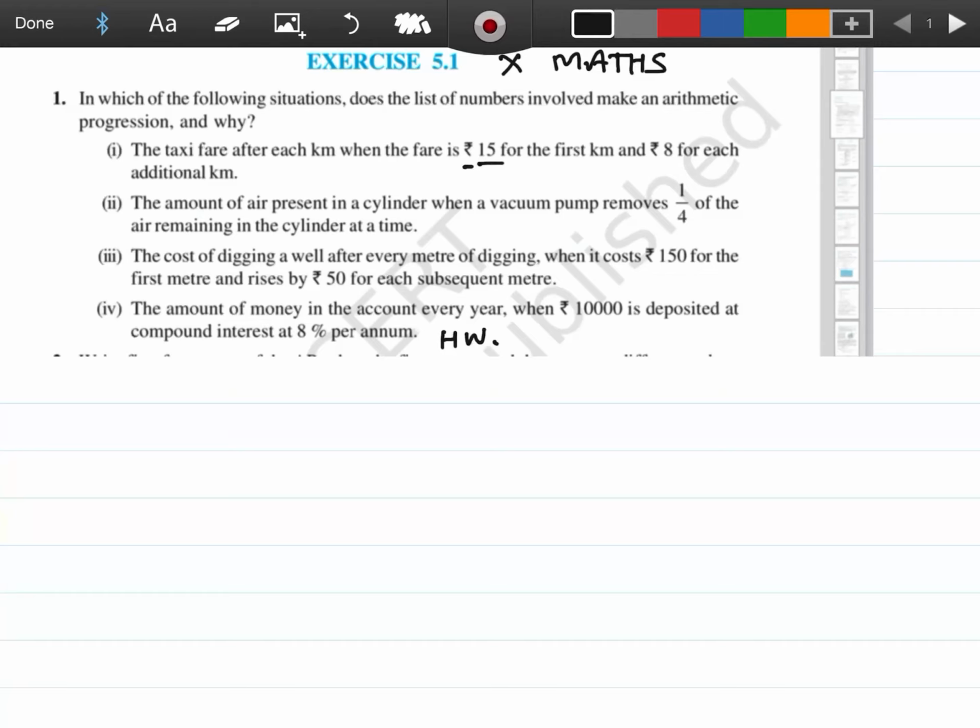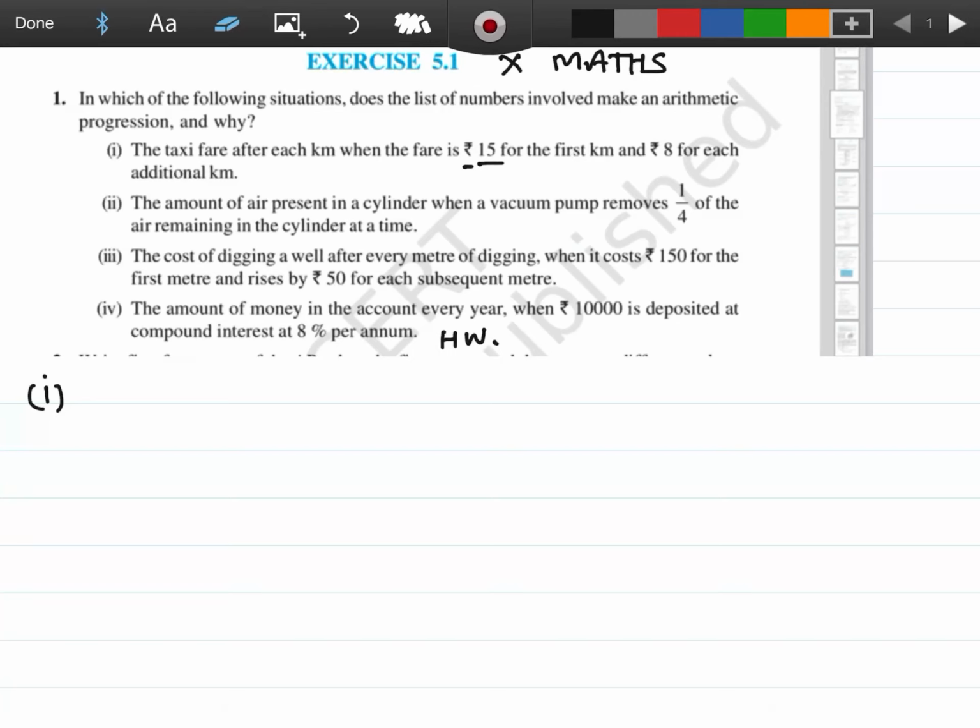So for the following problems we have to check whether the sequences we are getting are in AP or not. Let us take the first problem. The taxi fare is rupees 15 for the first kilometer and rupees 8 for each additional kilometer.